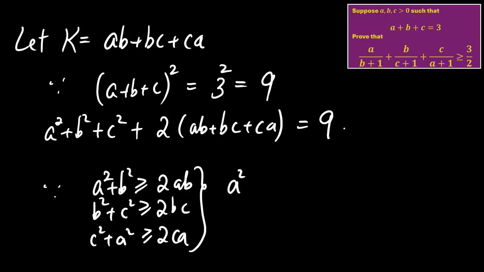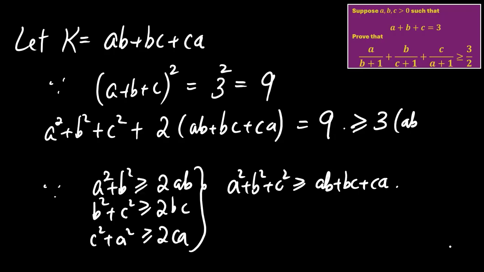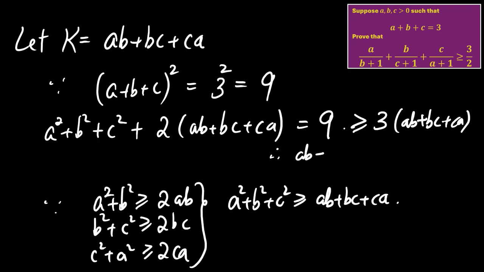This gives us a squared plus b squared plus c squared is greater than or equal to ab plus bc plus ca. So together, 9 is greater than or equal to 3 times (ab plus bc plus ca), which means that ab plus bc plus ca is less than or equal to 3.